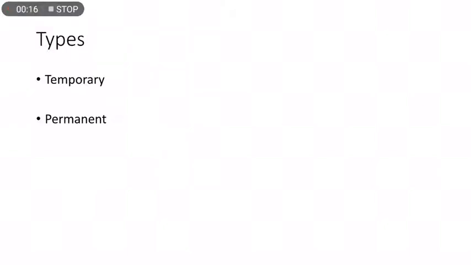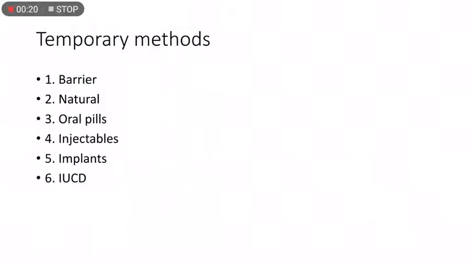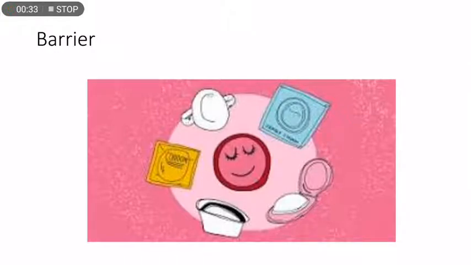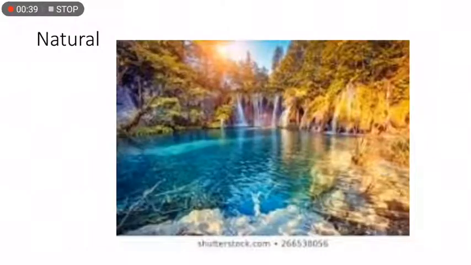They include the temporary and the permanent methods. The temporary methods of contraception include barrier method, natural method, oral pills, injectables, implants, and intrauterine contraceptive devices. Barrier methods are all these: condoms, diaphragm, vaginal caps, and so on.